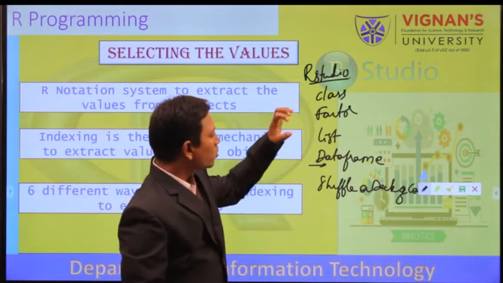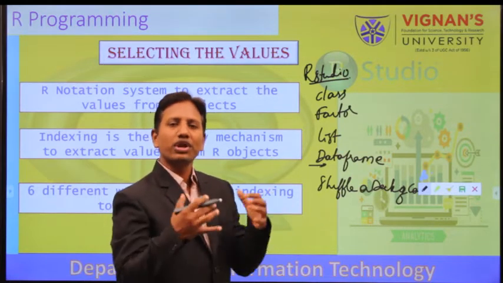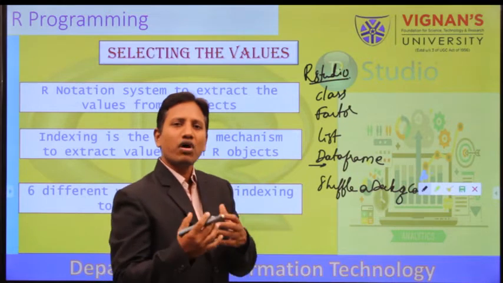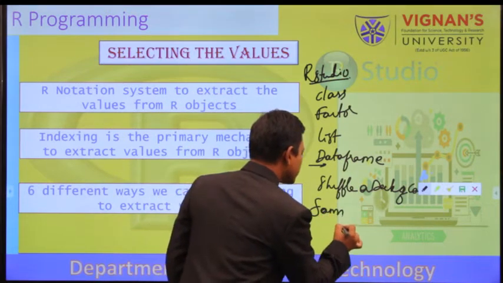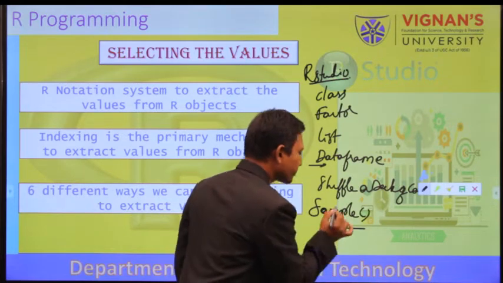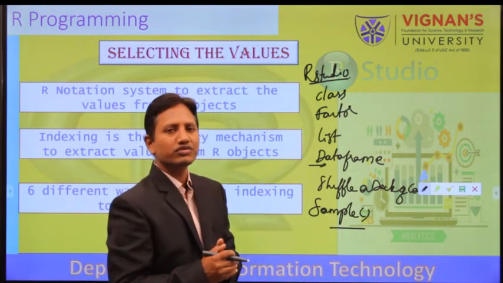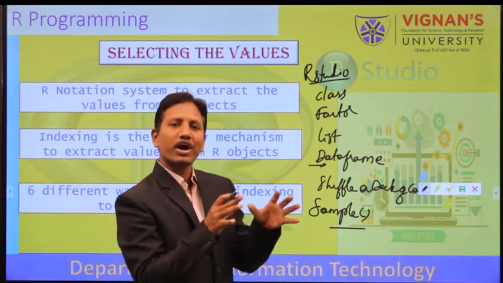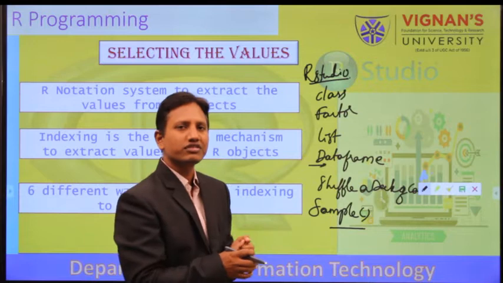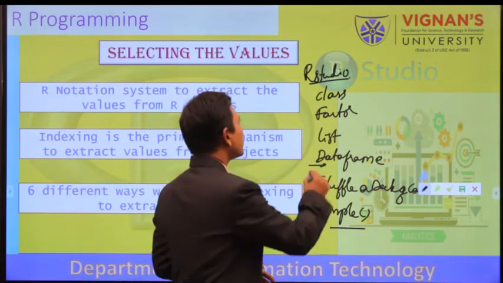After loading that, with the help of the sample function, how to generate random values and how to shuffle the data, and finally how to create the functions. These are all we have learned.